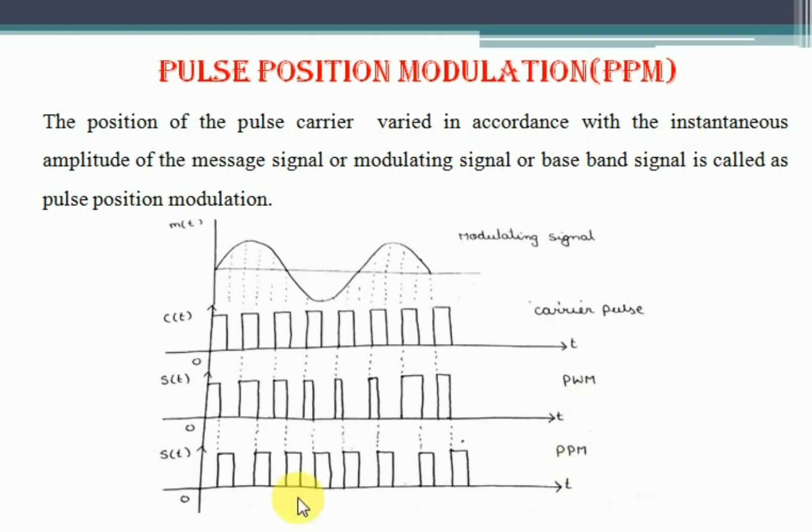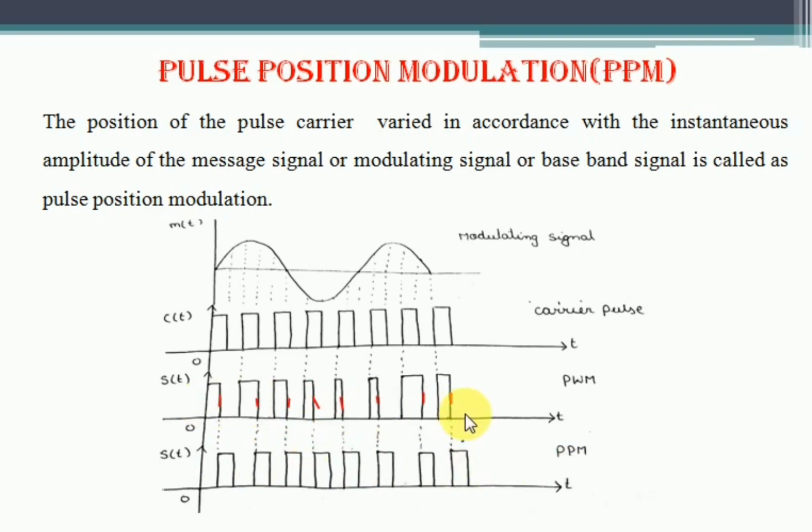If you observe the PWM signal at this point, this is your leading edge, nothing but the signal rising from 0 to 1, and this point is a trailing edge, that is, the signal falling from 1 to 0. Indicate these trailing edge points of the PWM signal, and these trailing edge points indicate the starting of a PPM signal.